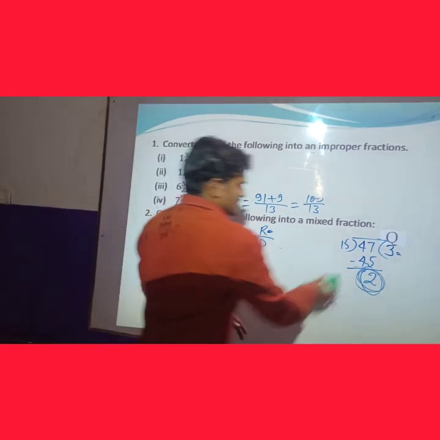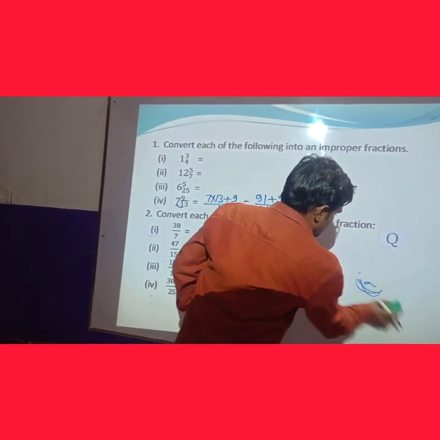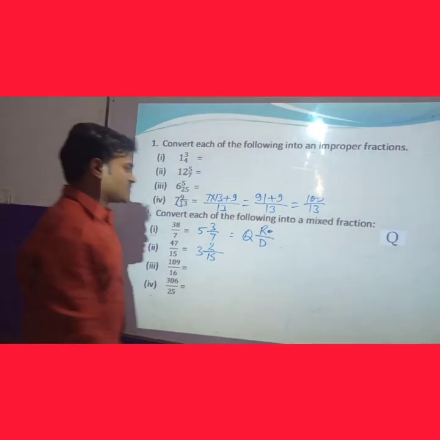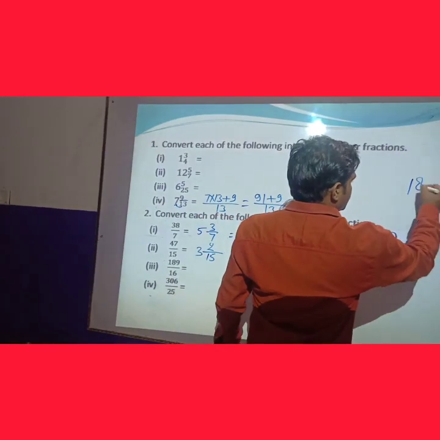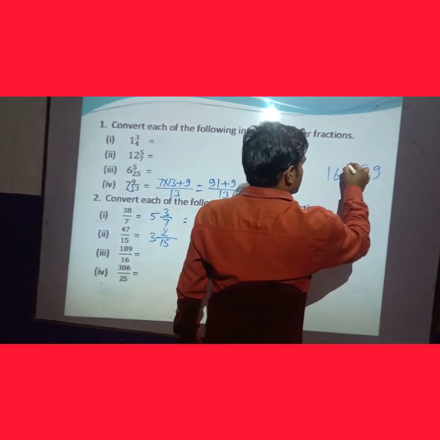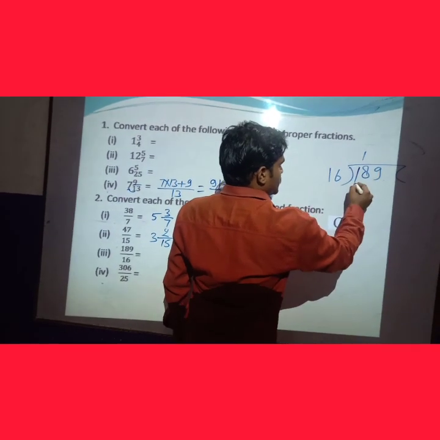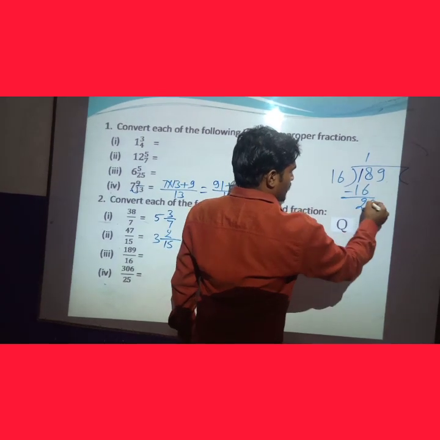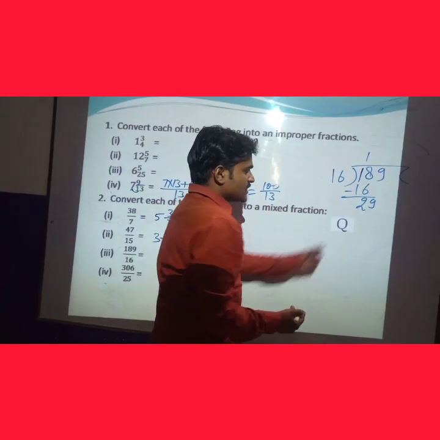Like that, 189 upon 16. It means 16 divides 189, or in other words, 189 divided by 16. 16 1s are 16, subtracted, we get 29. Now 16 2s are 32, that is greater than 29.